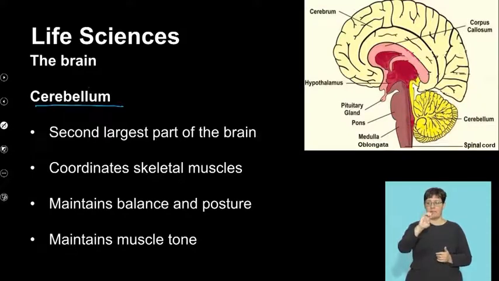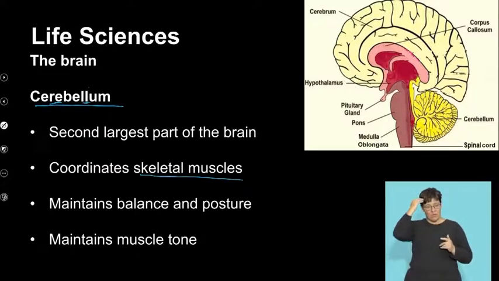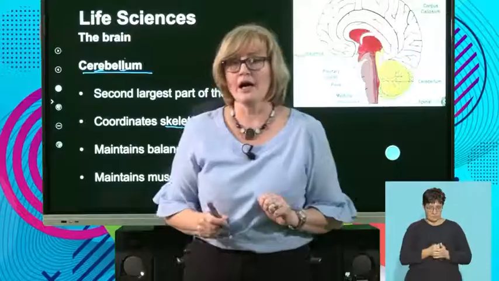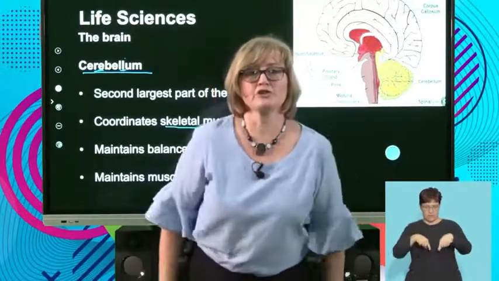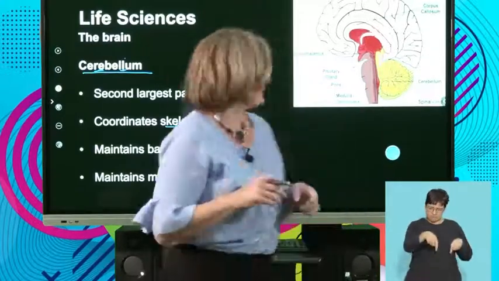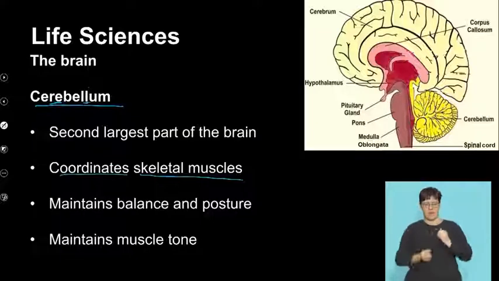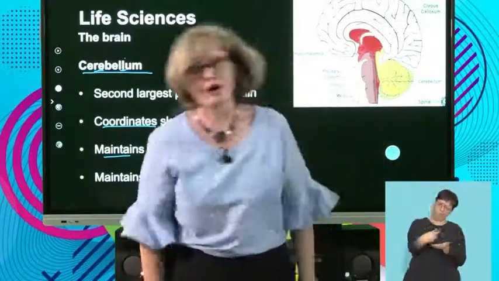Right, now look at the double L there, the cerebellum. Second largest part of the brain, it coordinates the skeletal muscles. What that means is the following. As you are walking, the one leg goes in front of the other one. You don't try to get both legs in front, you'll fall down. Right, that's where the coordination comes in. It maintains balance so that you don't fall over like this.